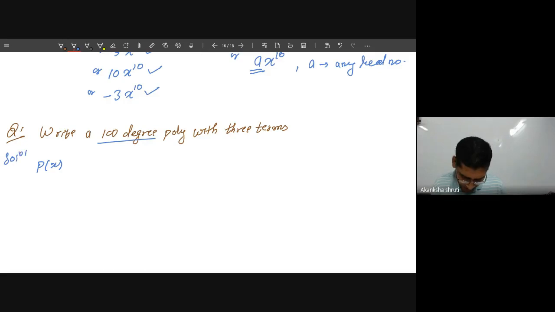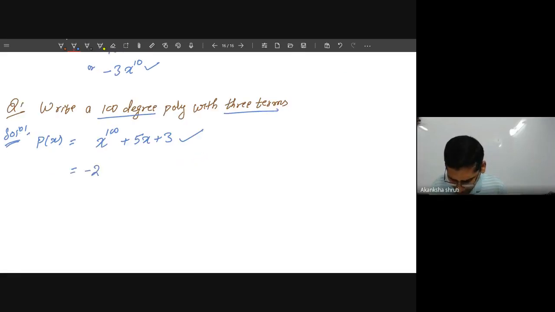You are free to take the other terms, but the important thing is you have to take the power of x as 100 and you have to write two other terms. You can write plus, say, any number, say 5 or 5x plus 3. You may put any multiplier of x to the power 100 also, or you may keep it. It is also okay. You may also write minus 2x to the power 100 minus 3x plus 7. It is also okay.